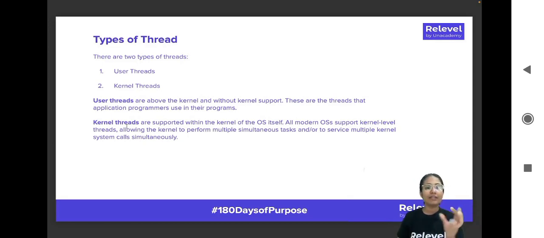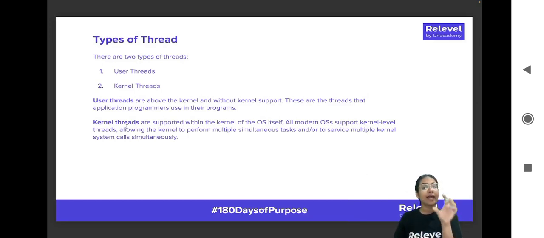But the kernel level threads are basically used to simultaneously perform multiple tasks, which are supported by the operating system. The kernel level threads are recognized by the operating system, whereas the user level threads are not recognized by the operating system.